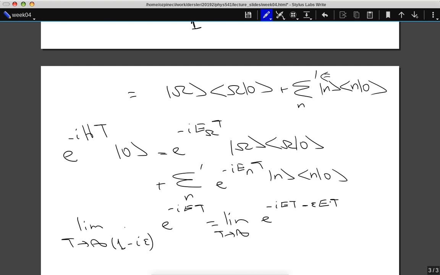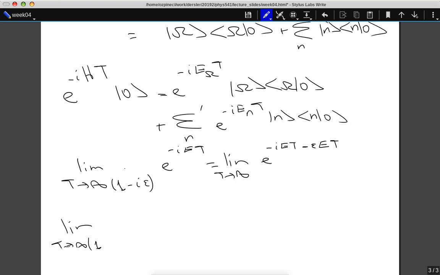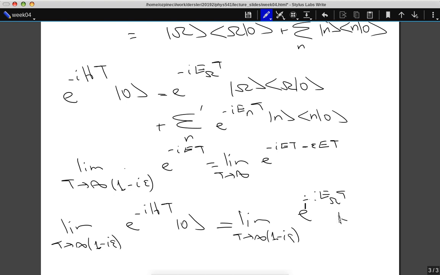But the exponent with the smallest prefactors, smallest En, will go to 0 more slowly than the other ones. So in that limit, as t goes to infinity of 1 minus i epsilon, e to the power minus i H of t acting on 0 is equal to the limit as t goes to infinity of e to the power minus i E omega t acting on omega 0.